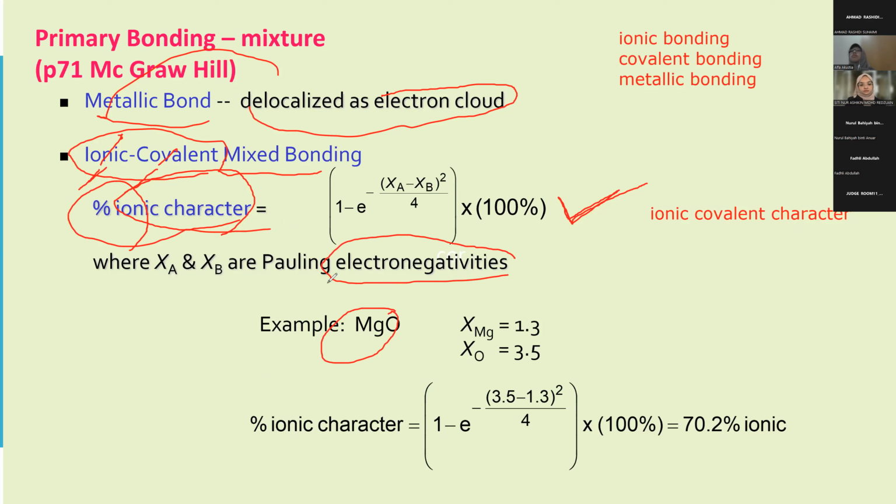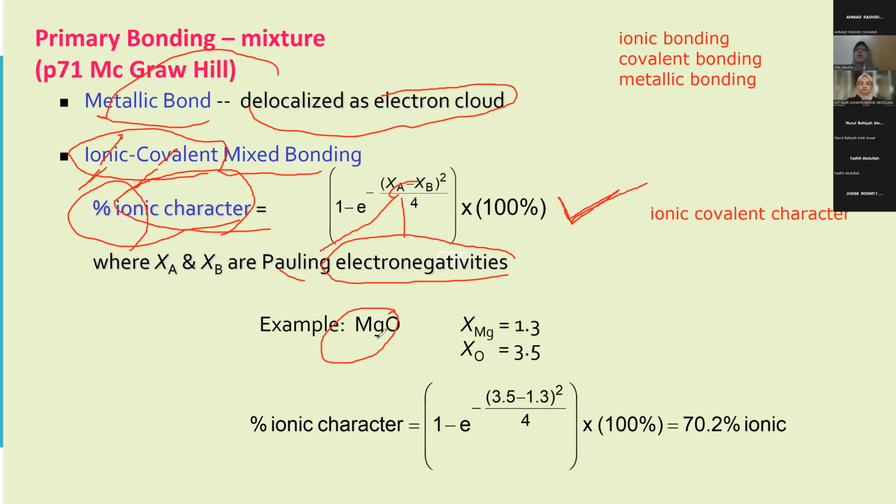This is Pauling electronegativity. Actually, there are many values of electronegativity: Pauling electronegativity, Allred-Rochow electronegativity, Mulliken electronegativity, but the famous one is Pauling electronegativity. Many formulas and equations use the electronegativity in the Pauling scale.